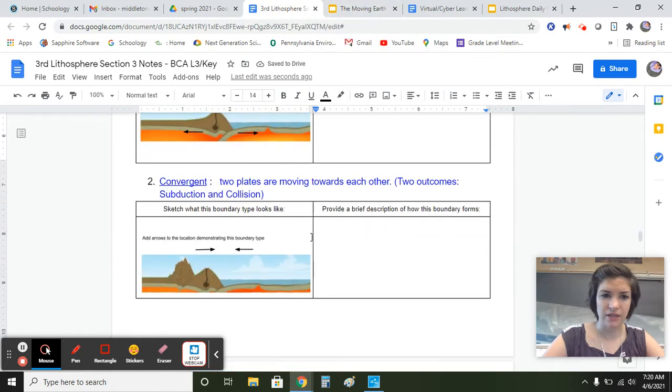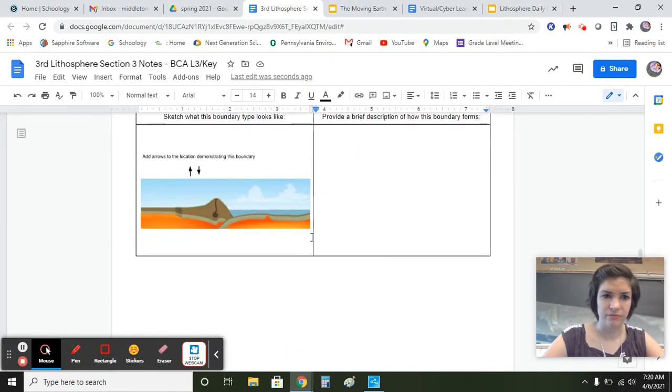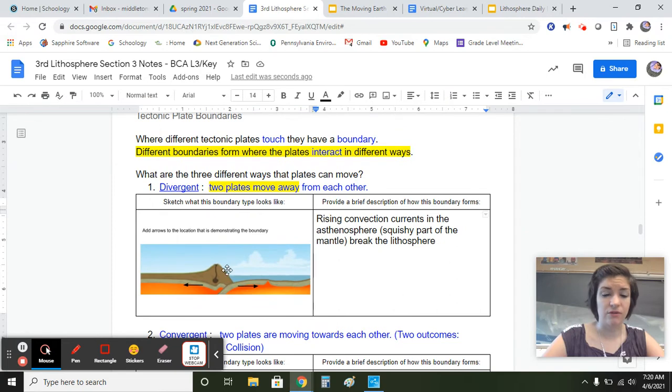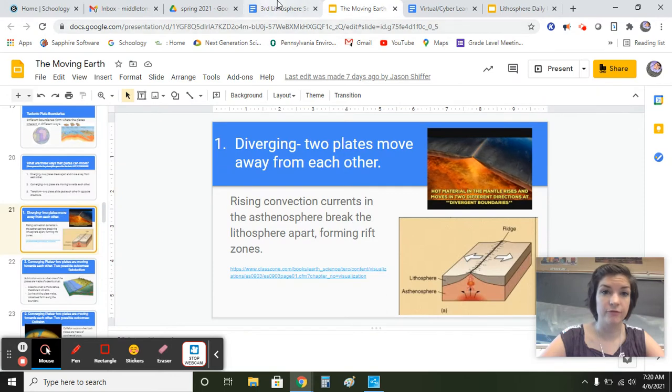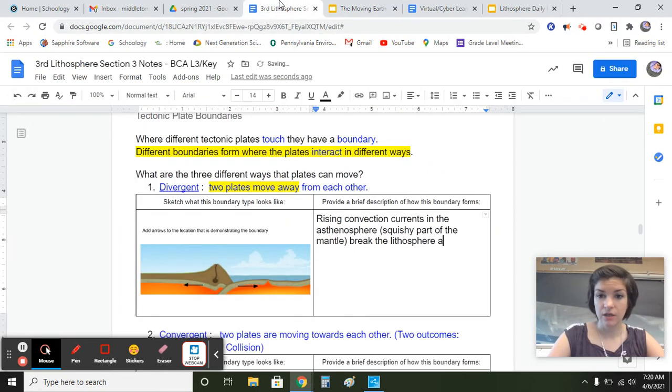apart, forming rift zones. Oh, I do not like that. I put that in the wrong spot. Where would there be rising here? We'll have to go back. So let's go back to this picture.